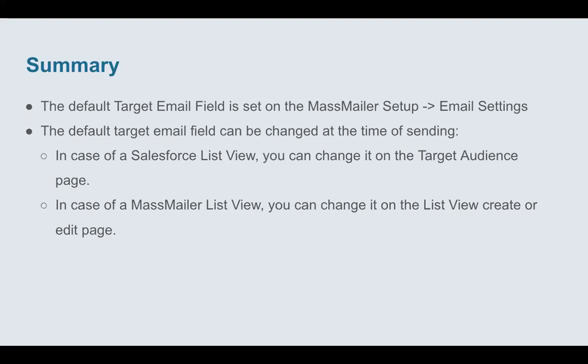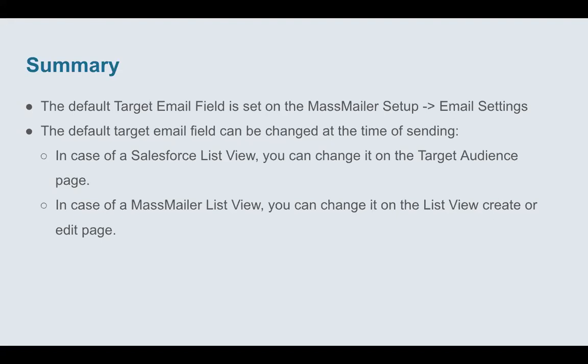So we'll take a look at the use case scenario where you use Salesforce list view to send out emails, and then another one is the MassMailer list view to send out emails. If it's a Salesforce list view, you basically change the target email field on the target audience page. And again, I'll show some screenshots and give you a live demo as well. That's where you can change it.